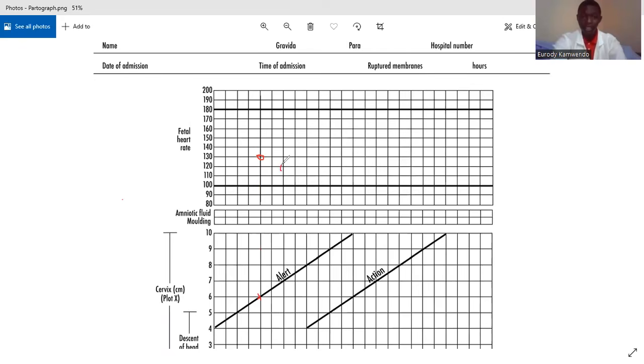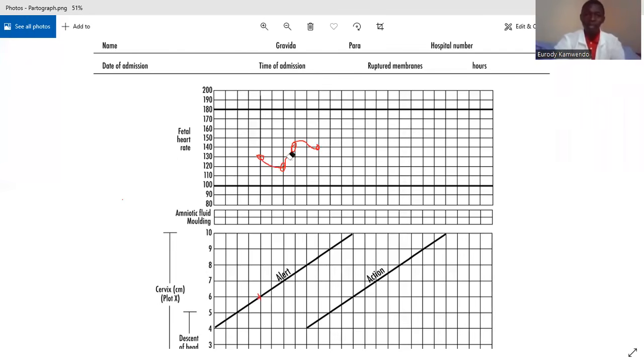You continue recording until the baby is born, and you then join these dots with lines to see how the fetal heart rate has been moving from the time of admission until when labor is ready to be completed. So in terms of the fetal heart rate, you need to plot it in that particular manner. You listen for the fetal heart rate and then plot it on the partograph.